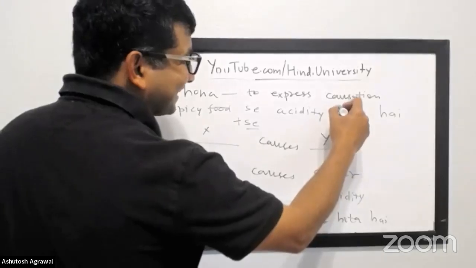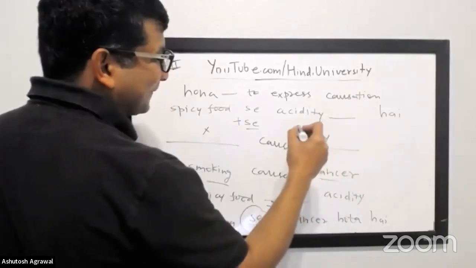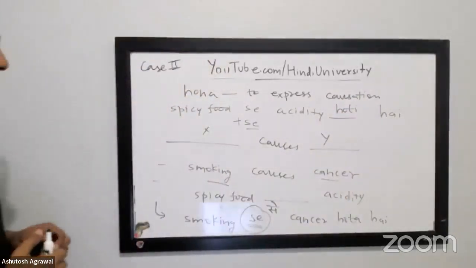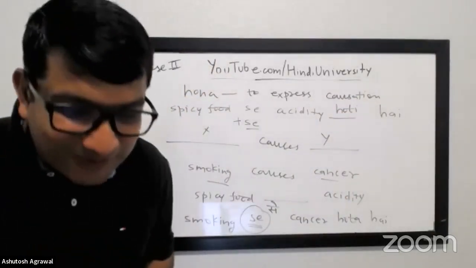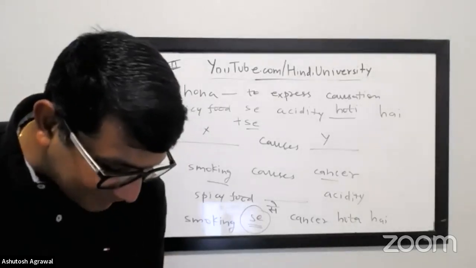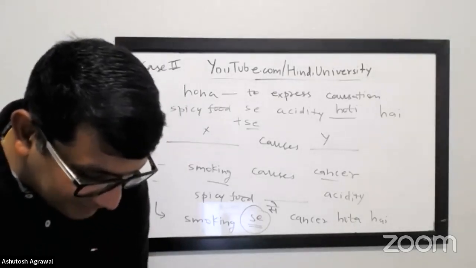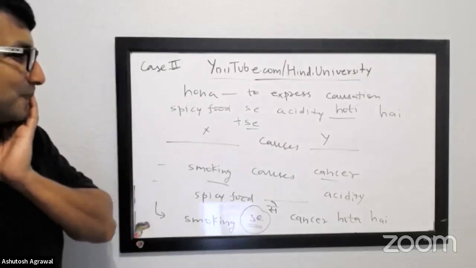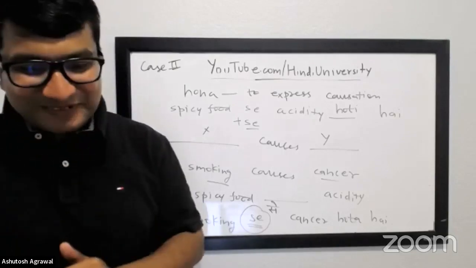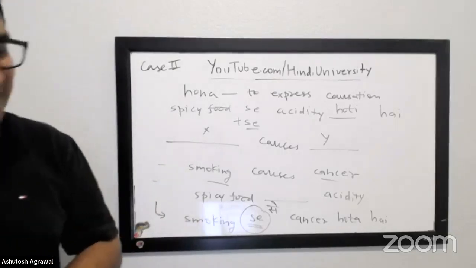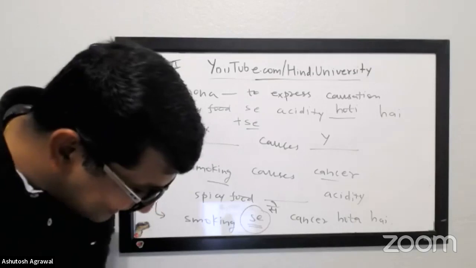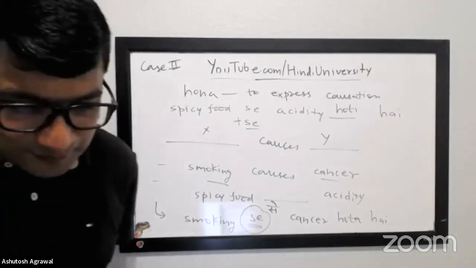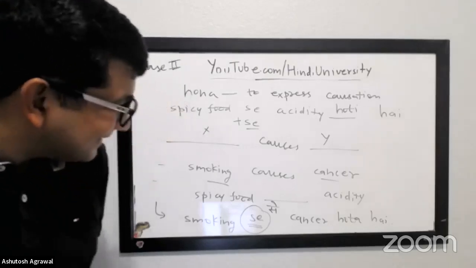Spicy food. हाँ? होती है. Very good. Why होती है? Acidity होती है. Is it agreeing with acidity? It is agreeing with acidity. Yes, because spicy food is part of the postpositional phrase. That's right.